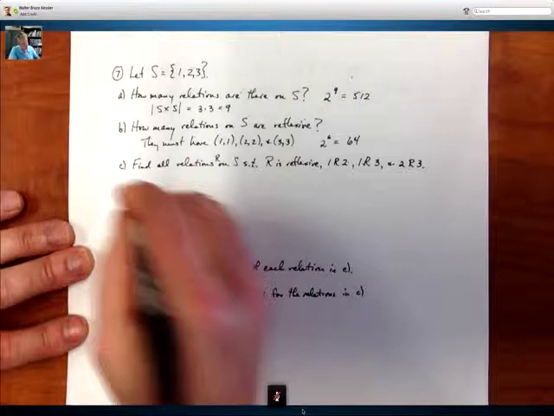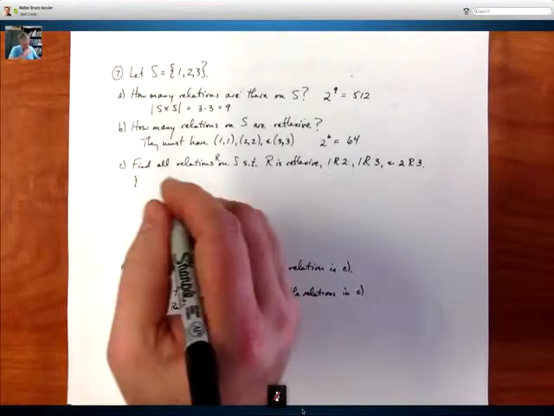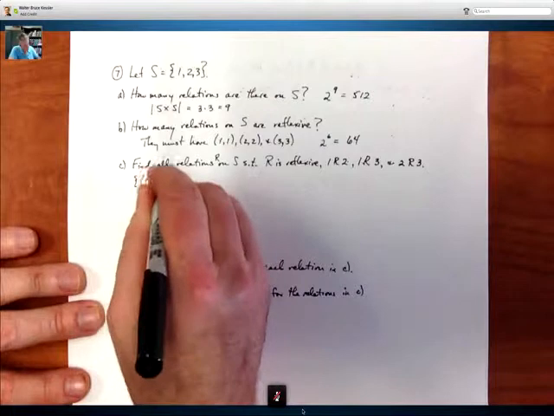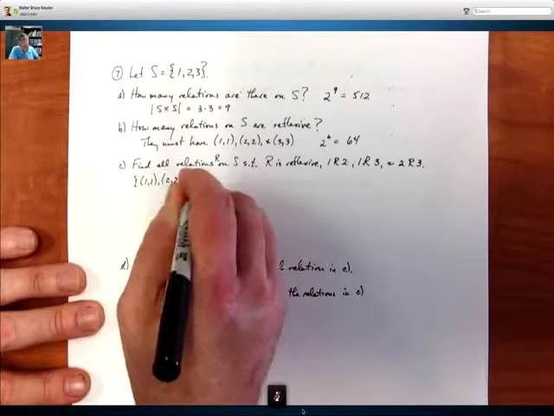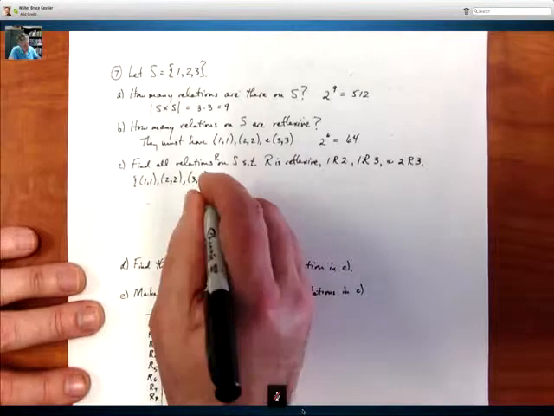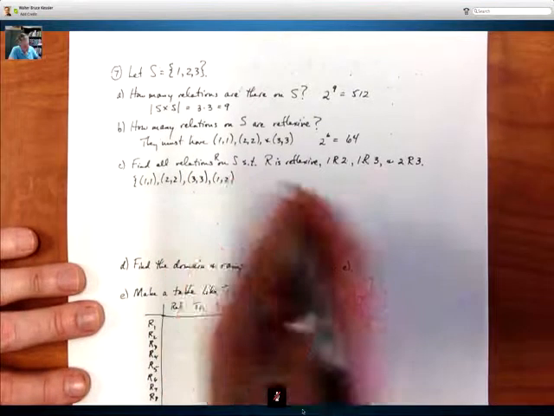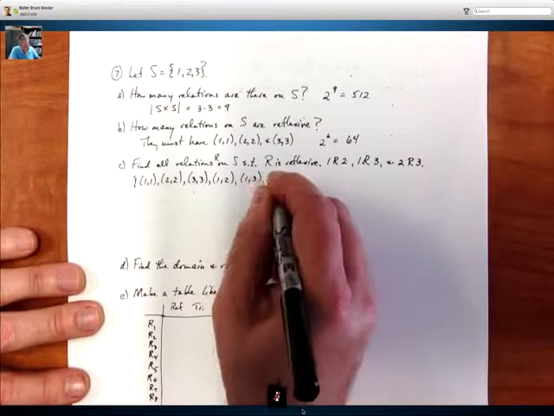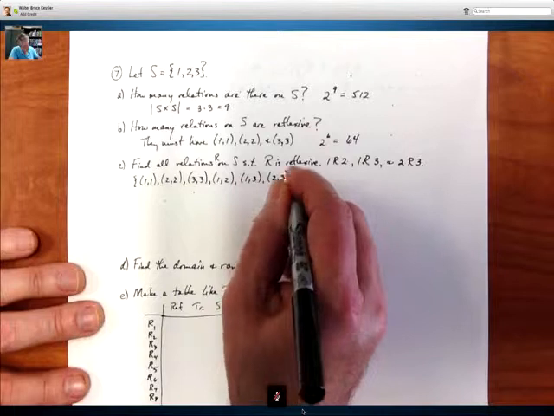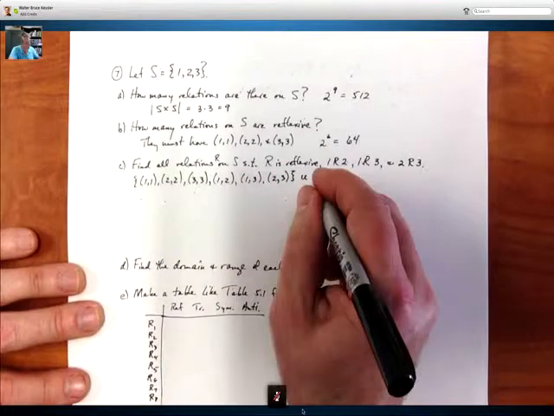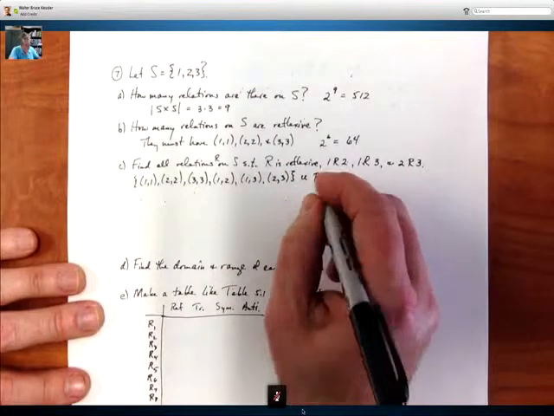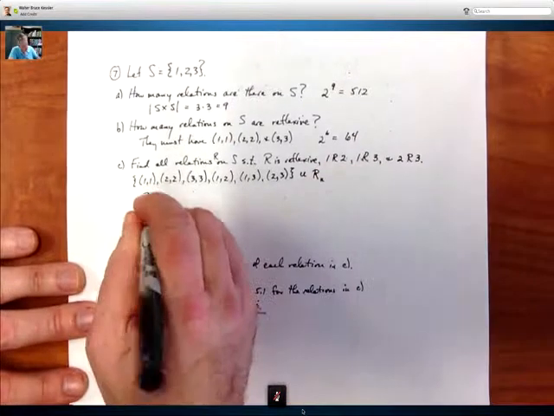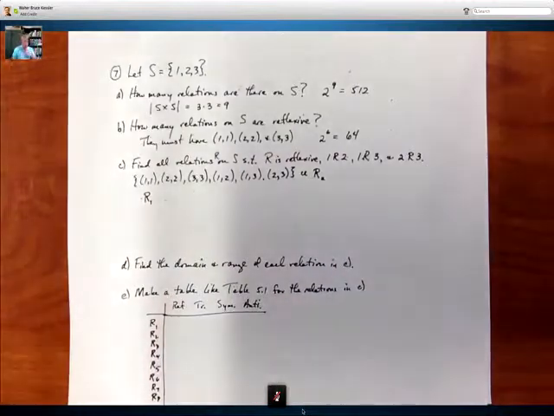So C says find all relations R on S such that it's reflexive, which means you're going to have these, and then you've got these additional 3 ordered pairs. So 1,1; 2,2; 3,3; 1,2; 1,3; and 2,3. Union with the following things, and let me just number them.